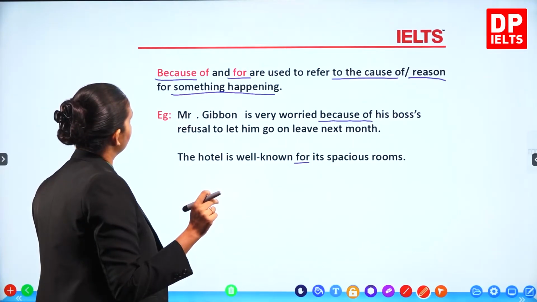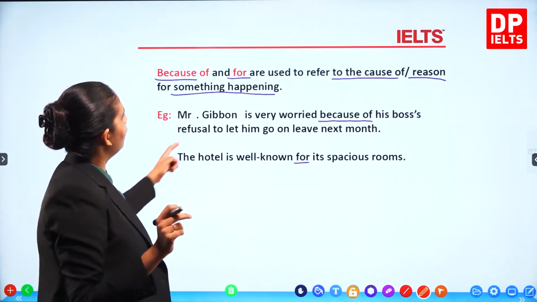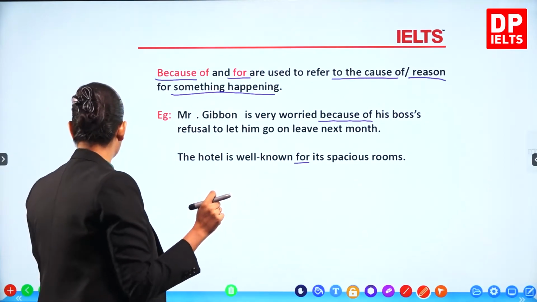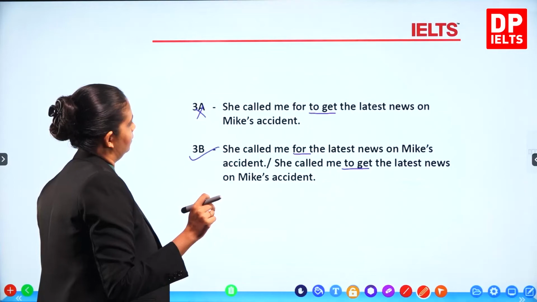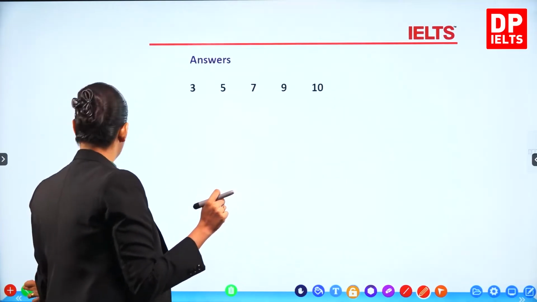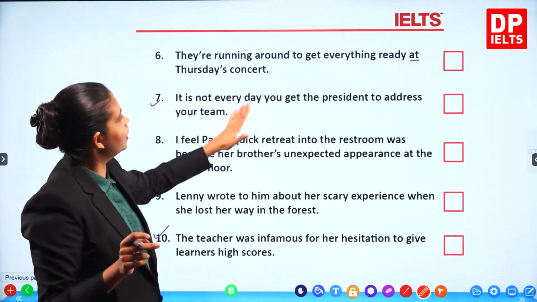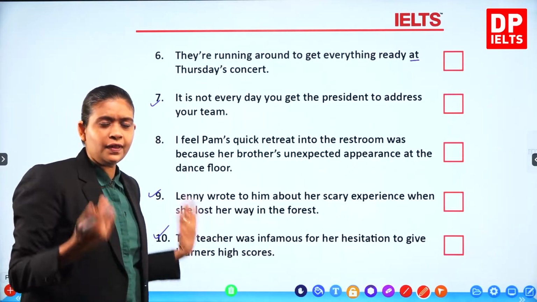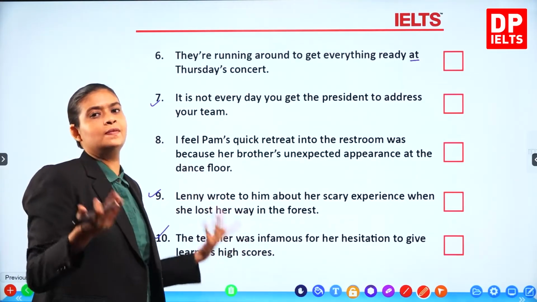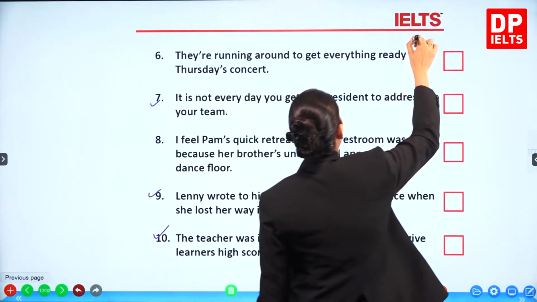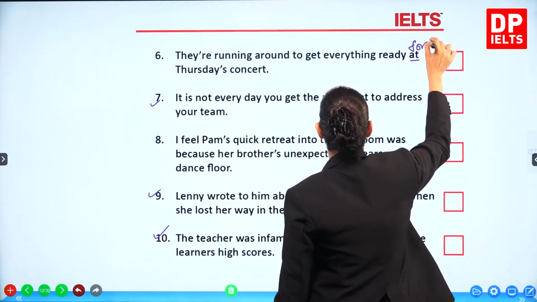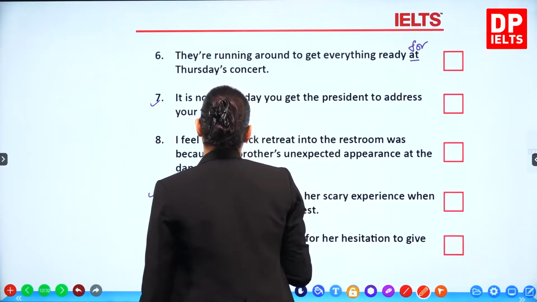It should be reason for, okay, purpose for doing something, right? Now let's see. They're running around to get everything ready. Why are they running around? What is the purpose of them running around? They're getting ready everything for Thursday's concert. So the purpose of it.